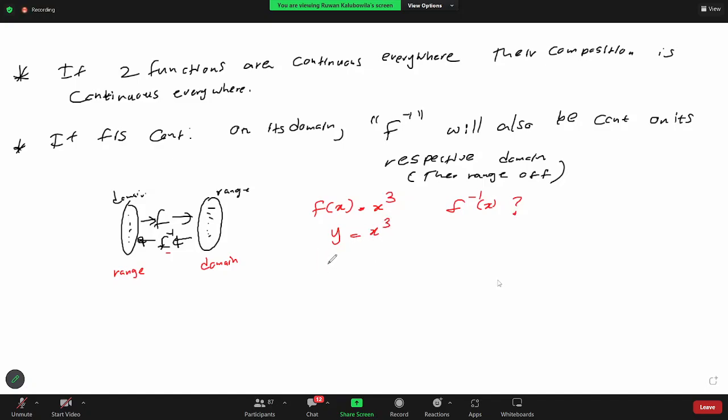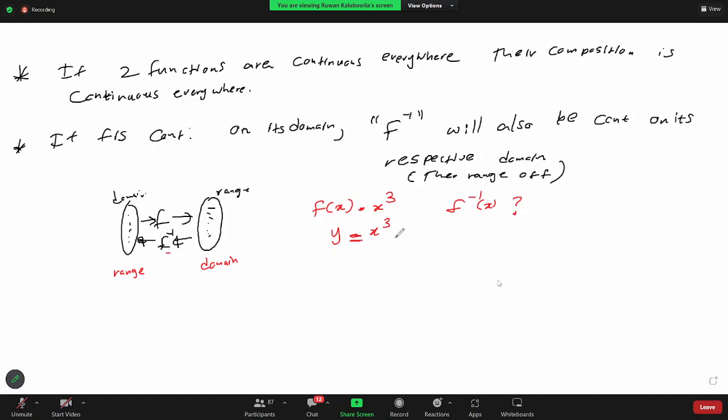Then what you can do at this point is solve this for x. How to find the inverse function?